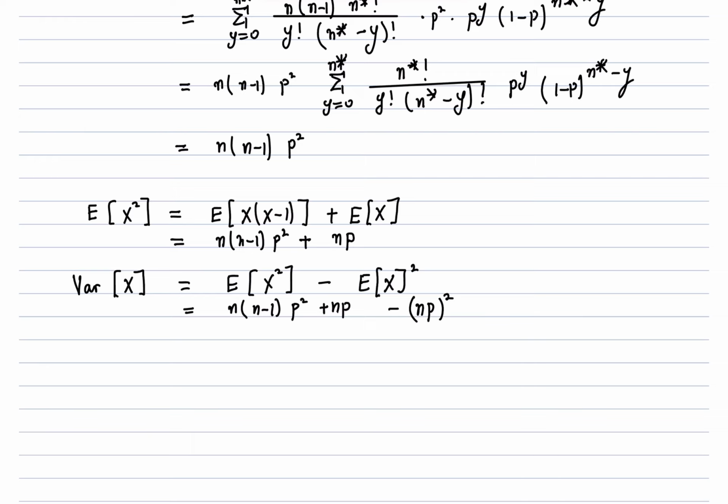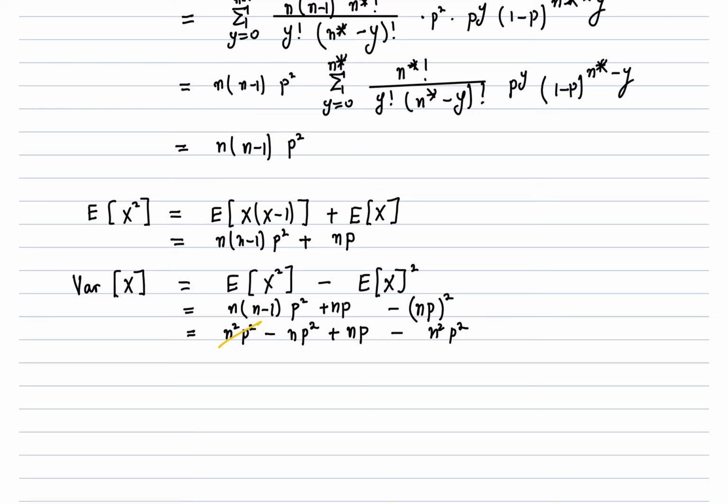To get there, what we're going to do is we're going to expand everything. So the first part is expanding this expression here. You got n times p squared. That gives you n squared p squared. Then you have your n times negative 1 times p squared, which gives you your minus np squared. Then you've got plus np minus n squared p squared from the second part of the expression.